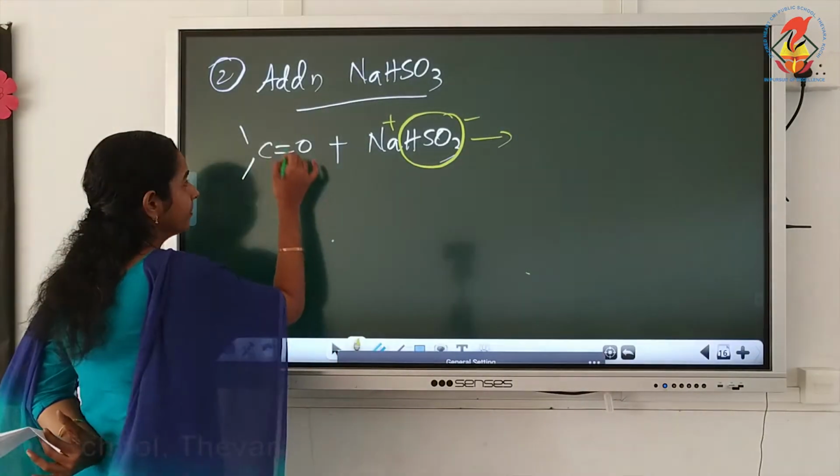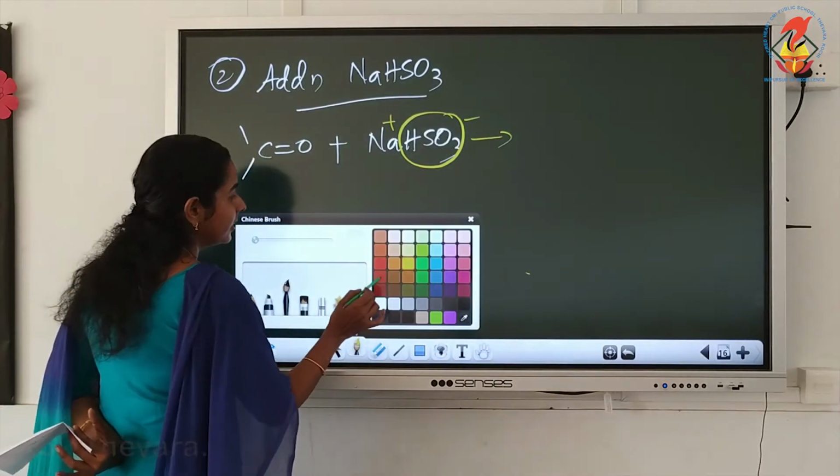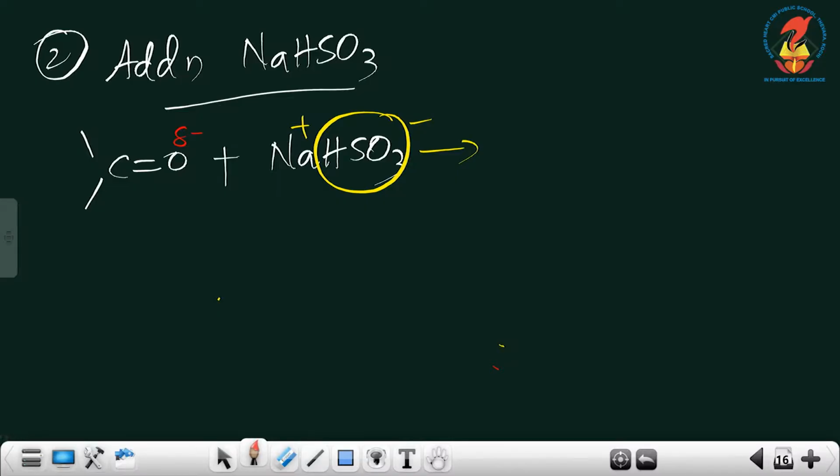So tell me, how is the polarization in C double bond O? Oxygen delta minus, carbon delta plus, and the shifting will always be towards oxygen. So Na plus will be attached to the negative center, that is oxygen, and HSO3 minus will be attached to the positive carbonyl carbon. So how can we write the first product? Here there is no change.